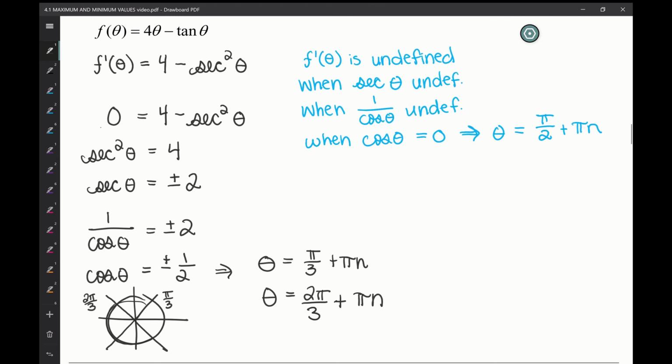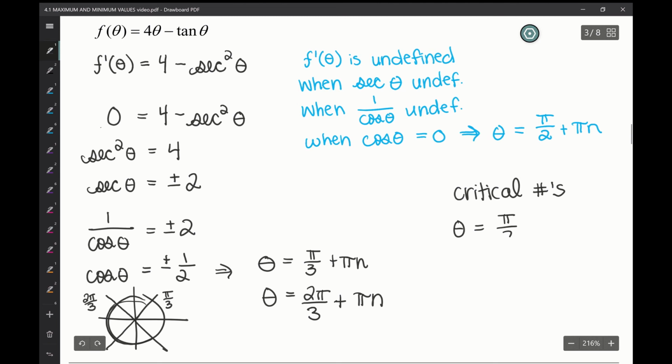So altogether, our critical numbers, so where f prime is undefined, that's theta is equal to pi over 2 plus pi n.